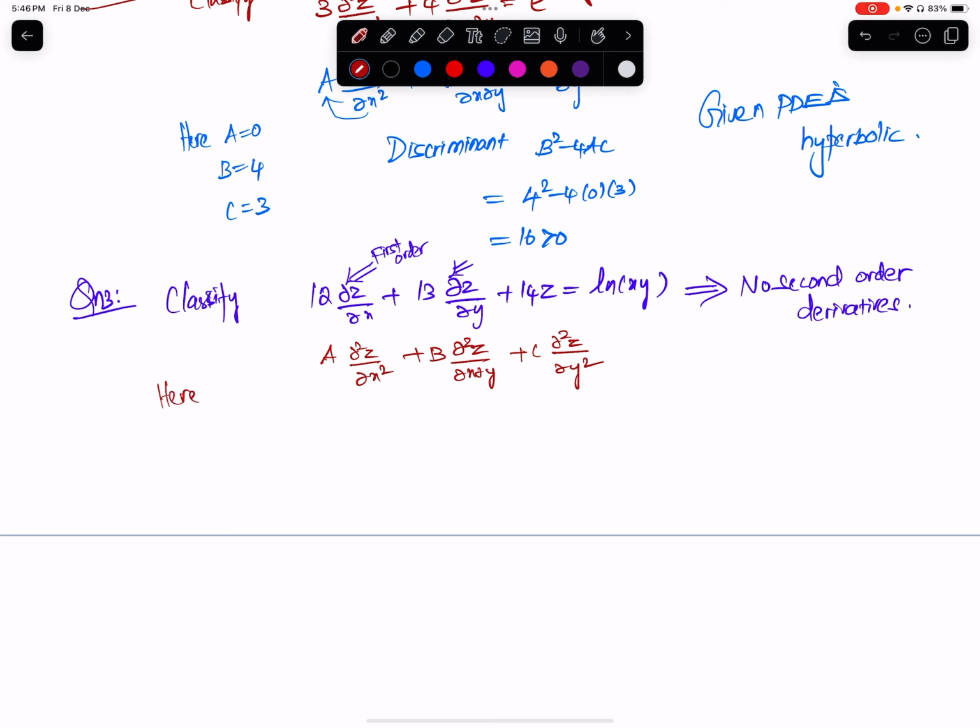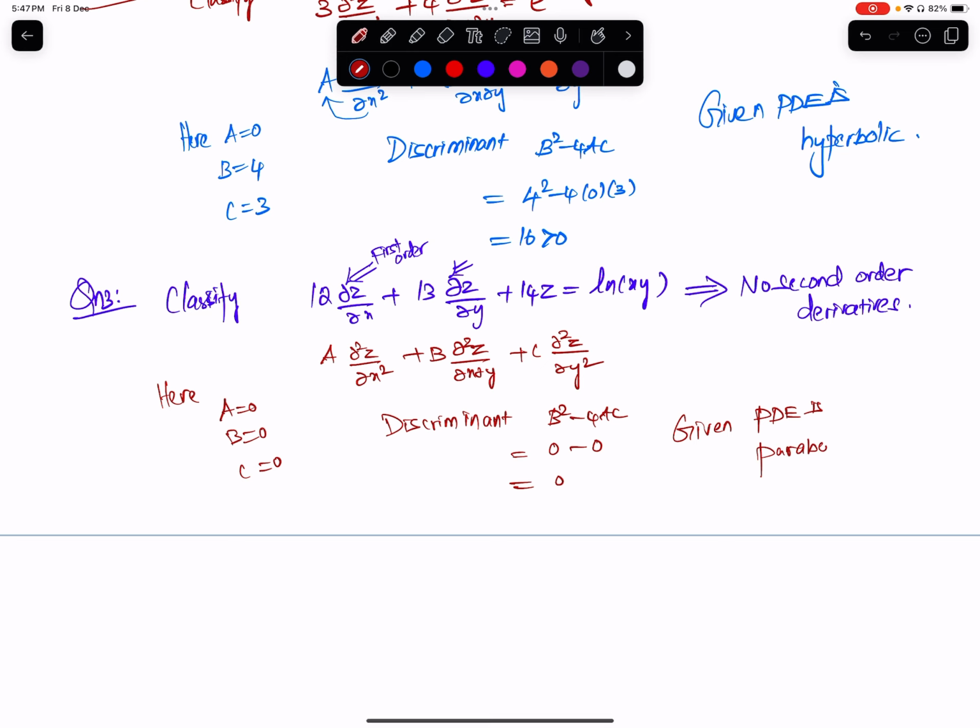Here A is equal to 0, B is equal to 0, C is equal to 0. That makes the discriminant B square minus 4AC equal to 0. So the given PDE is parabolic as per the definition.